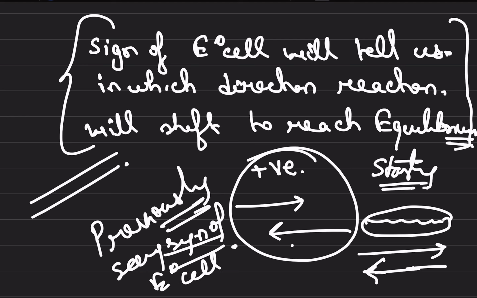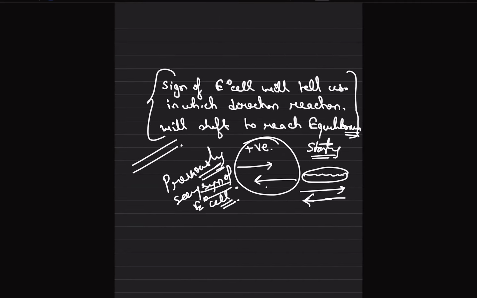So we can tell with the help of E naught cell beforehand in which direction the reaction will shift. This is the use of the E naught cell of a particular reaction.